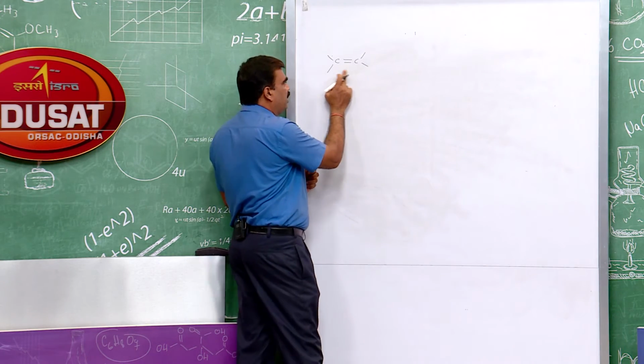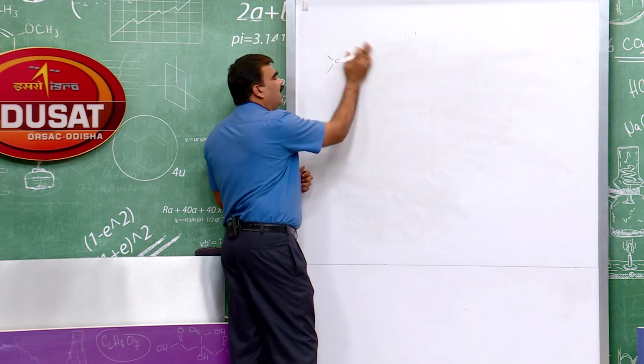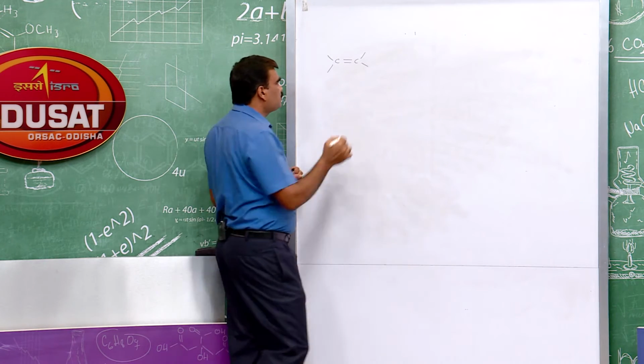So this is your alkene. I am not mentioning the groups here. It can be any group like alkyl or hydrogen.